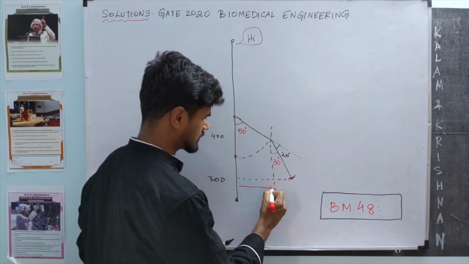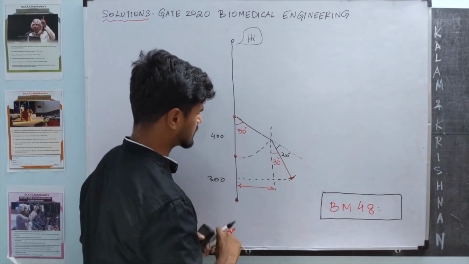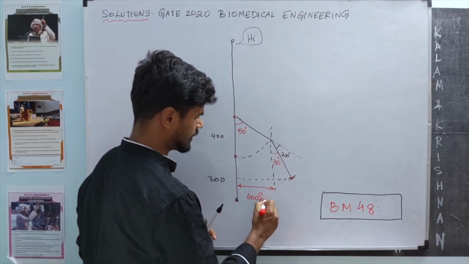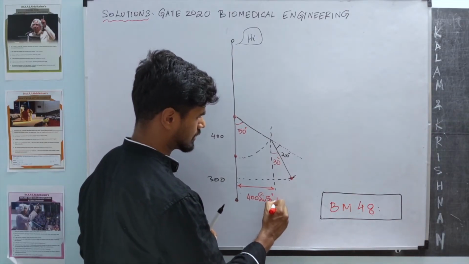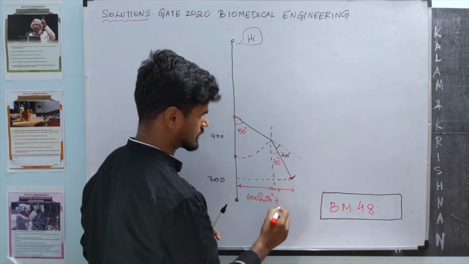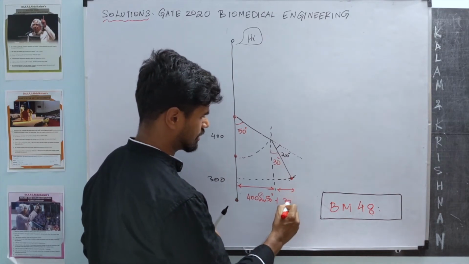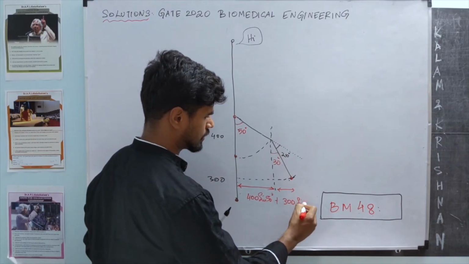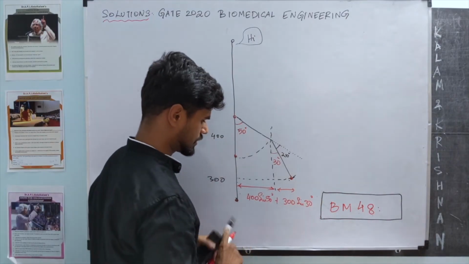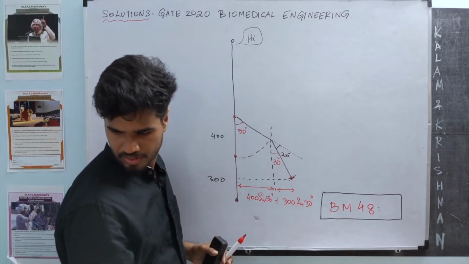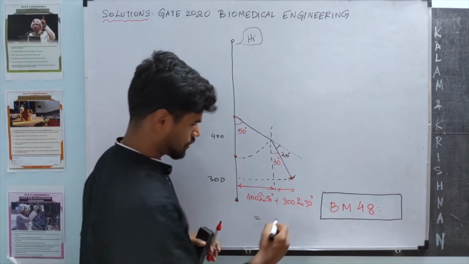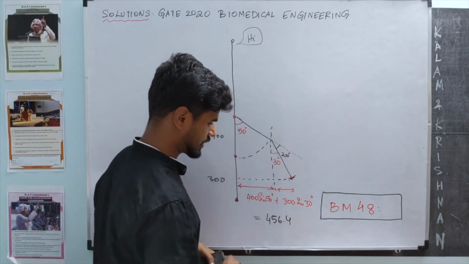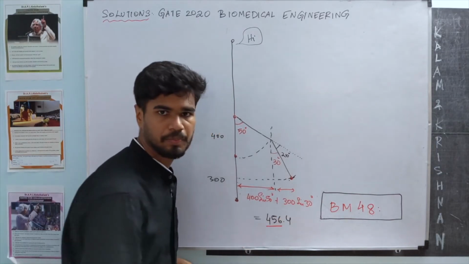This total distance is 400 sine 50 degrees, plus this distance, which is 300 times sine of 30 degrees. This comes out to be 456.4. So the nearest integer, I suppose, is 456.